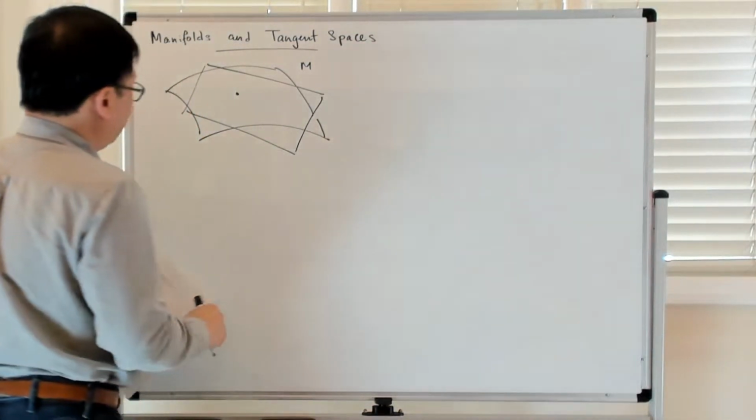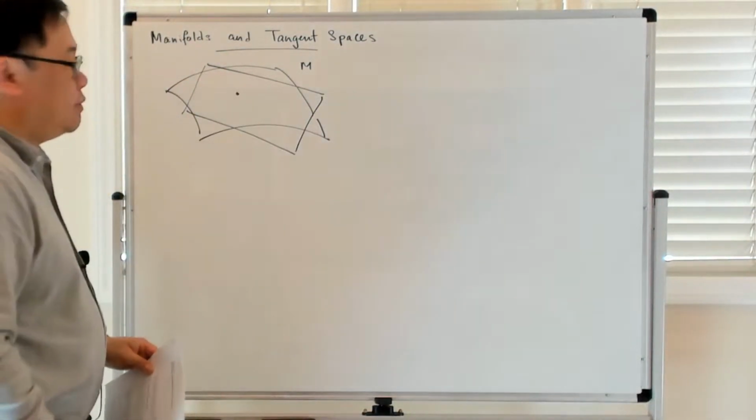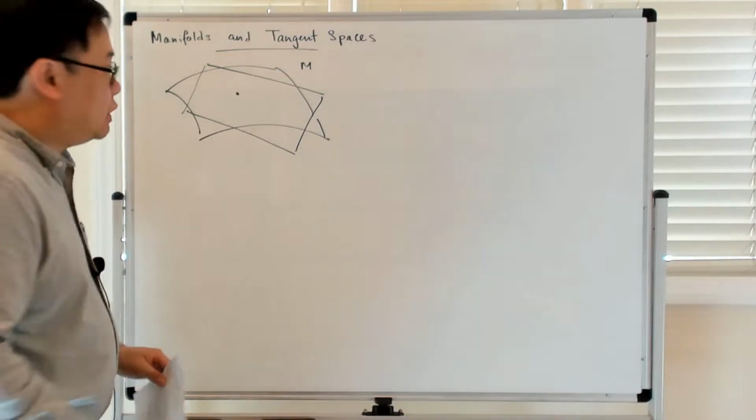All right, and the tangent spaces to the manifold are where the tangent vectors live, right?